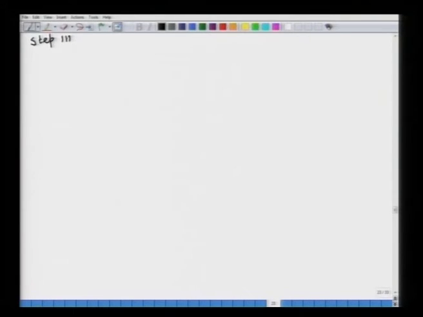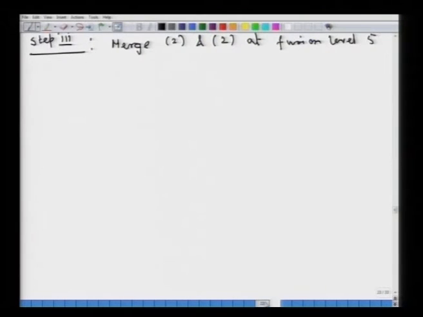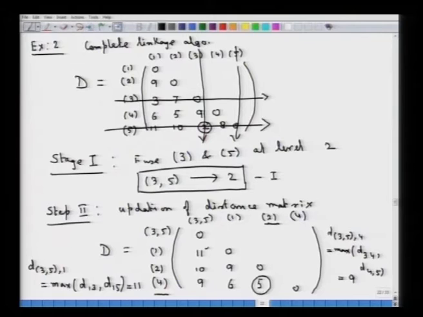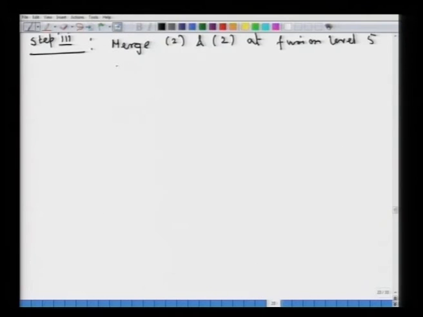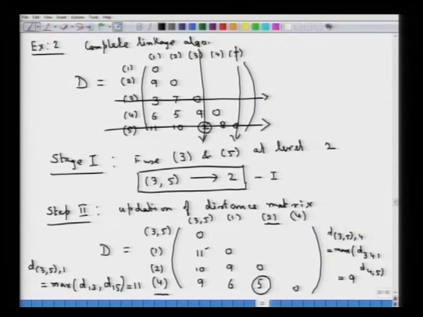Step 3 is to merge 2 and 4 at this fusion level 5. If I remember correctly, that is at a distance level of 5. We will be keeping this information similar to the previous information that we had kept, that we are forming this new cluster.